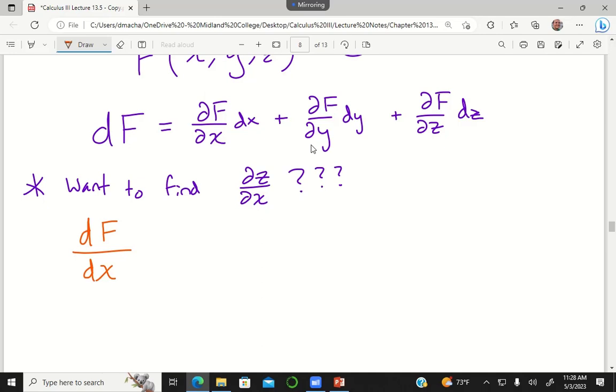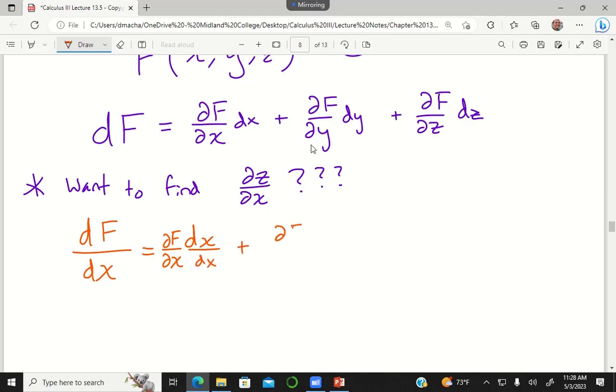And since this is an ordinary differential, a dx, I can kind of treat it like a variable, and I just have to now put a little dx in the denominator of every term on the right-hand side.